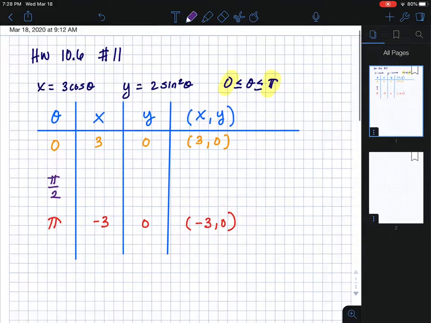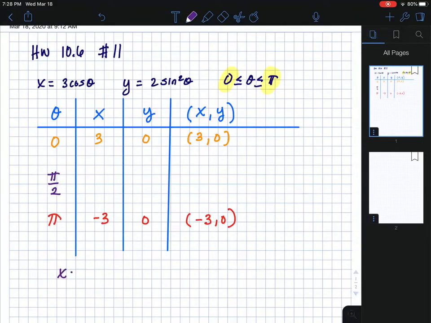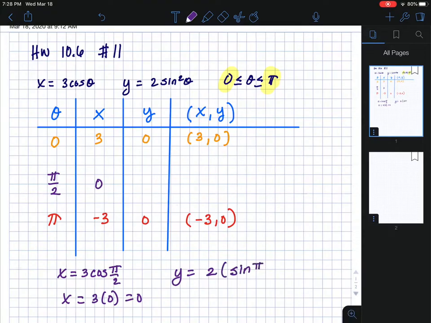Let's do this. x equals 3 cosine pi over 2. x is equal to 3 times 0, which is 0. y is equal to 2 sine pi over 2 squared.